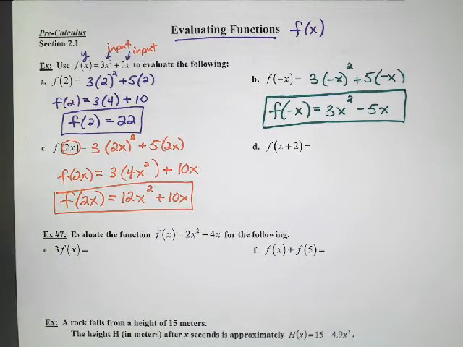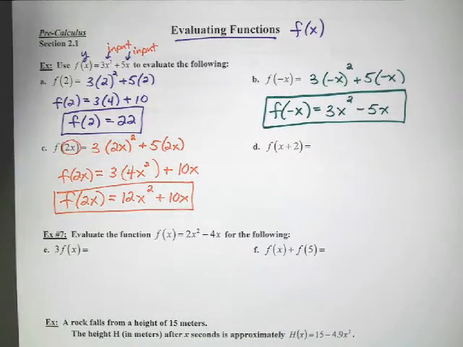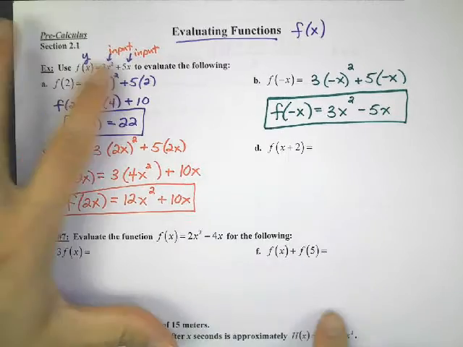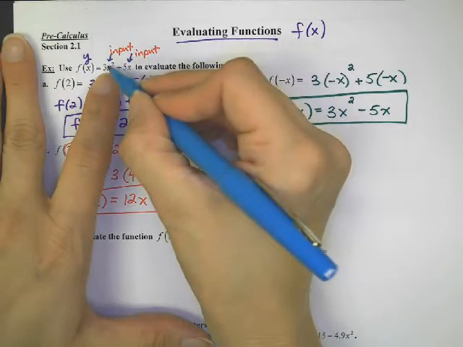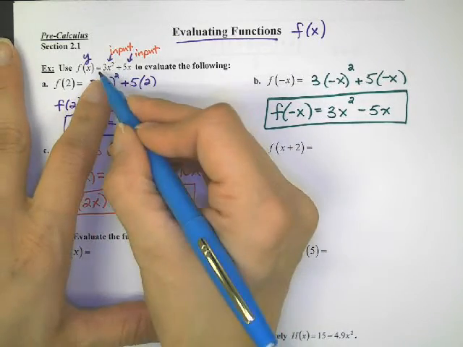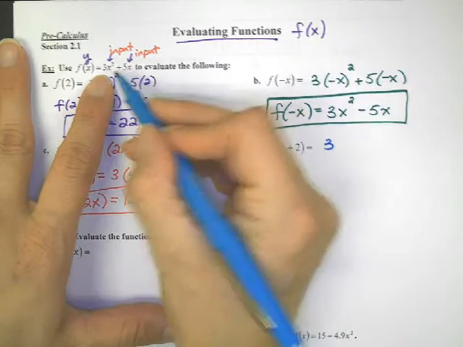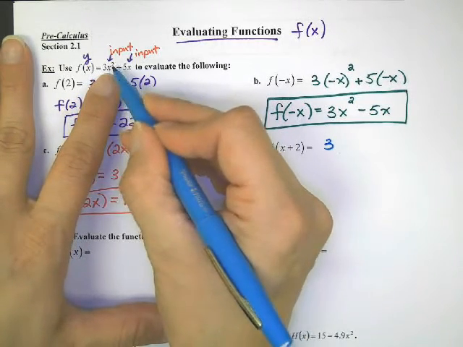Okay, for the last example here, they want us to plug in a whole quantity. All right, this can be done. Once again, we have to look at the formula, and we have to focus on where the input goes. The f formula says 3. Okay. Then it says input has to get squared.